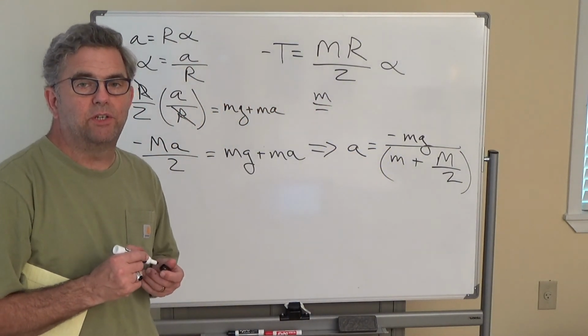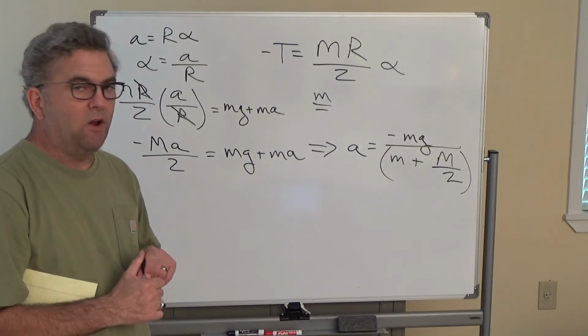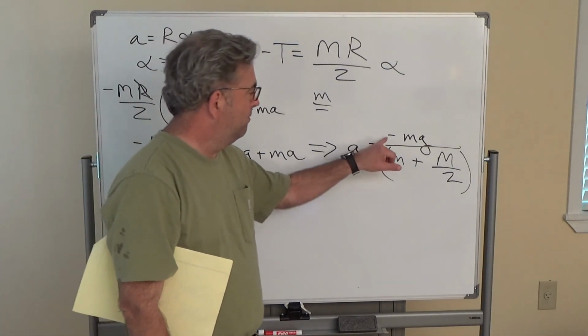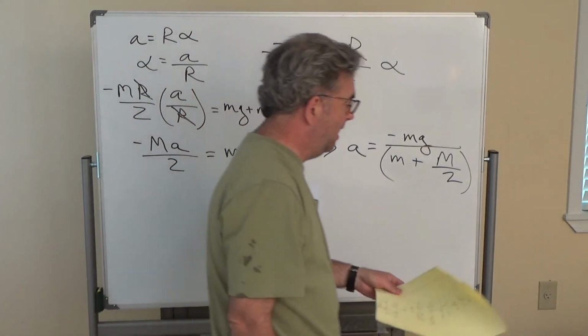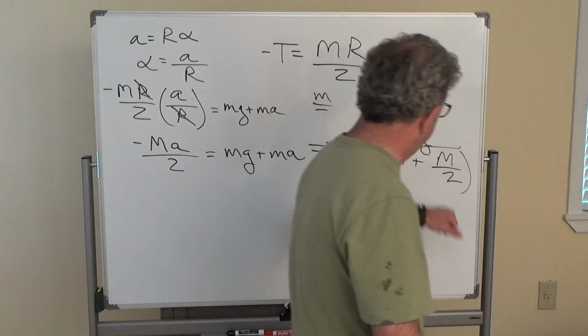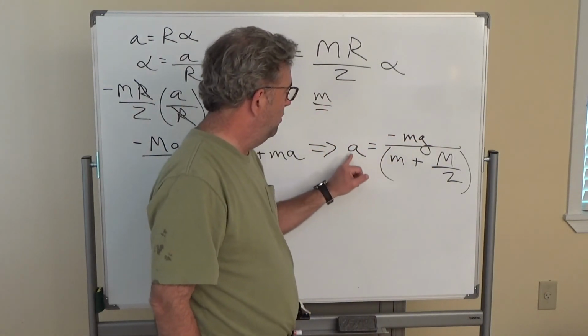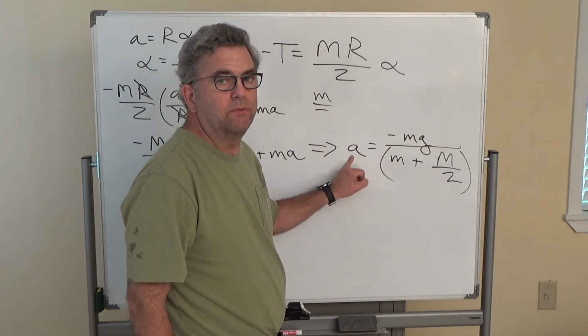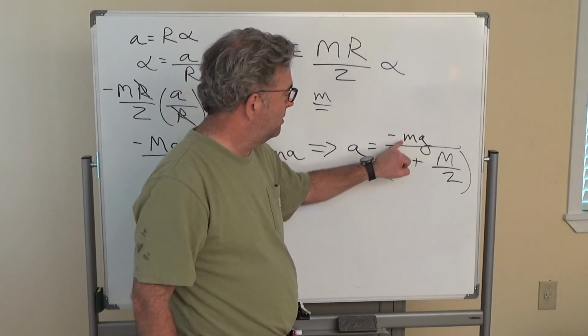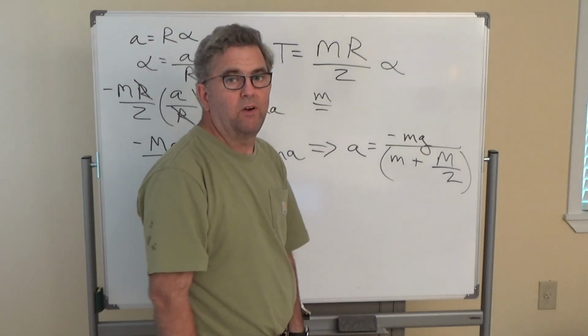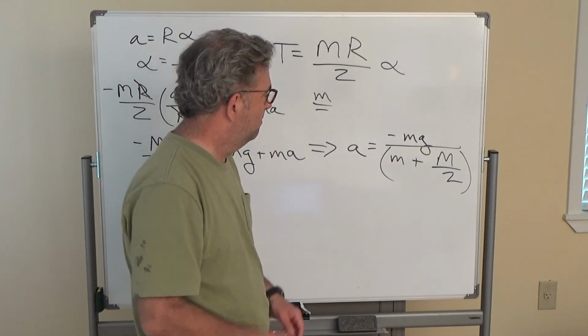That's the acceleration of the falling mass. It's negative, going down, and just like I said, if this mass is very large, then you get a small acceleration. If this mass is small and these masses are large, you get a fairly large acceleration, okay?